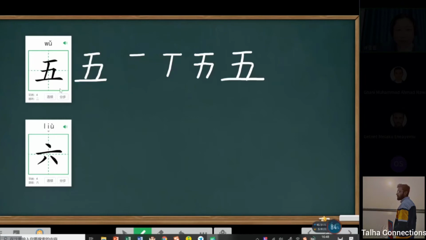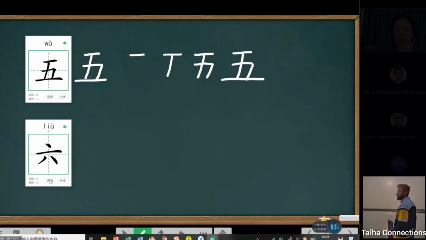Yeah, this is 五. Now watch again. When you write 五, this stroke goes a little bit to the left side. That will make the character look better. Now let's try 六. 六 is six, right?